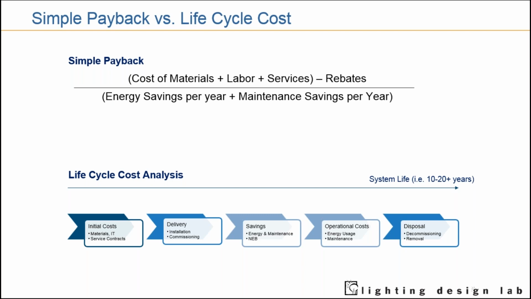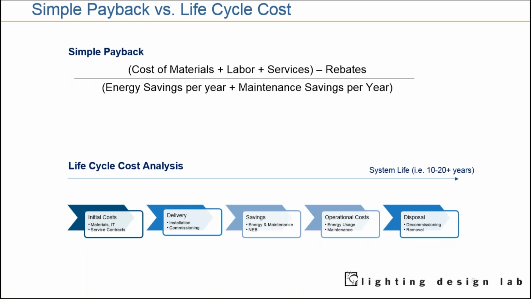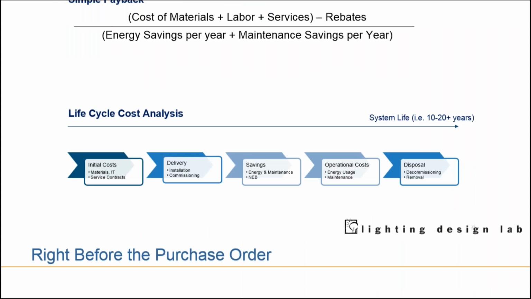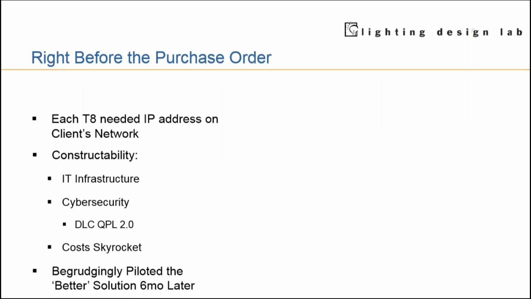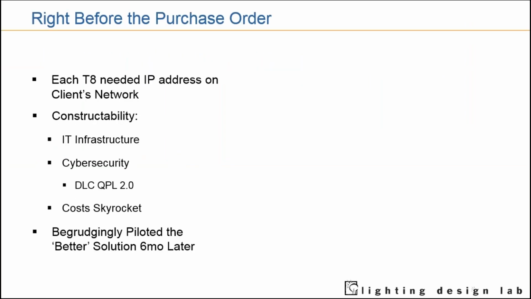And right before that purchase order was going to be written and sent to get the labor or other components for the platform, we learned each T8 is going to need its own IP address on the client's network. That was something that we had heard about.